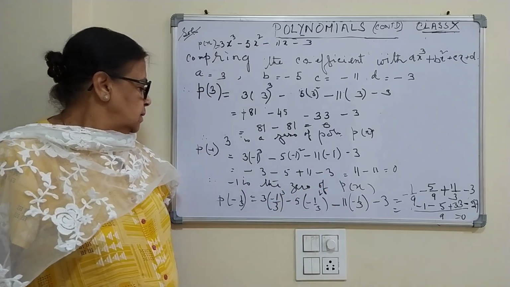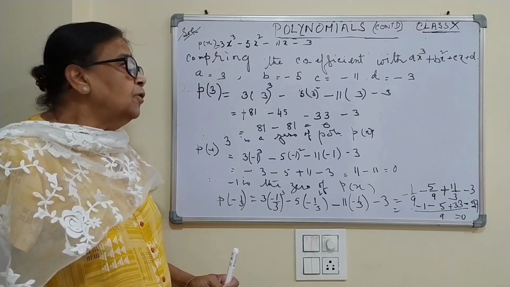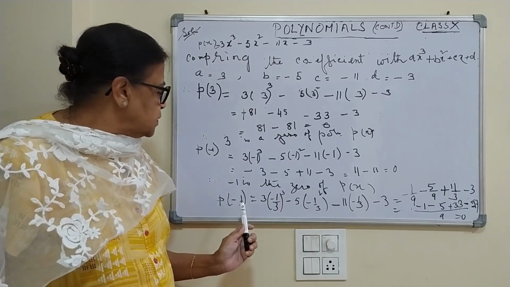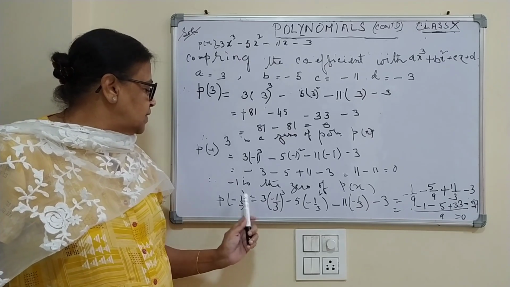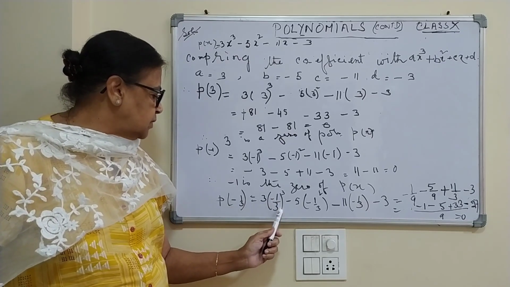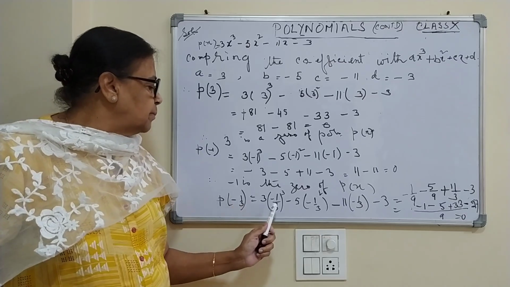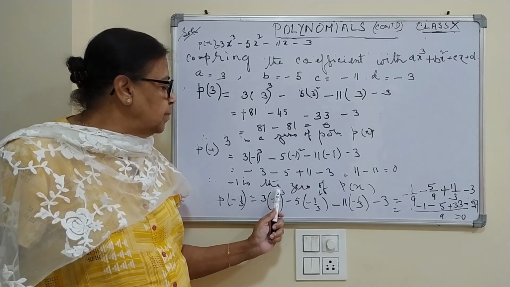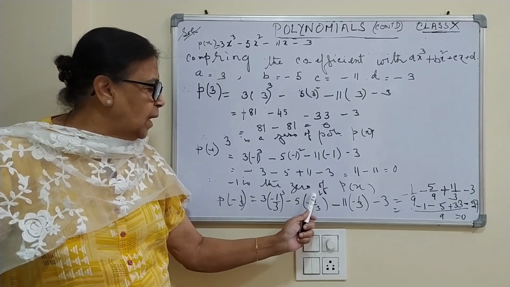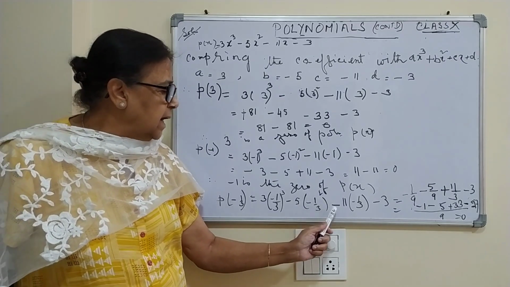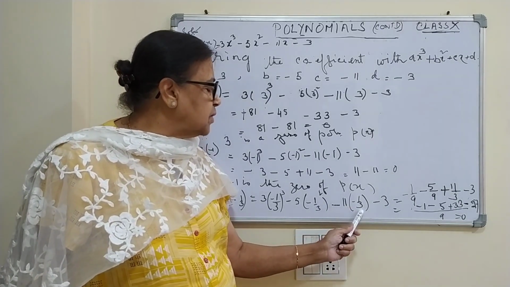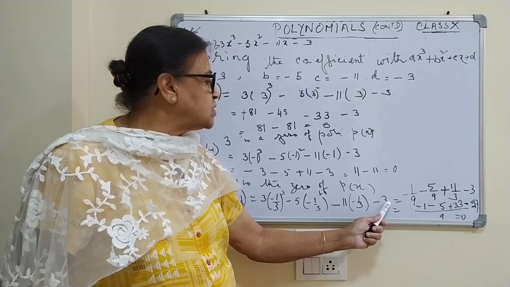Now, P of minus 1 by 3. If I substitute minus 1 by 3 for x, then I get 3 into minus 1 by 3 whole cube, minus 5 into minus 1 by 3 whole square, minus 11 into minus 1 by 3, and minus 3.